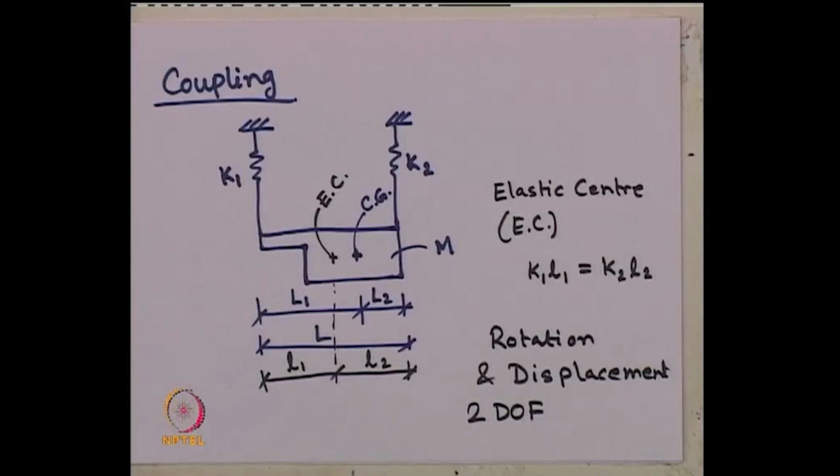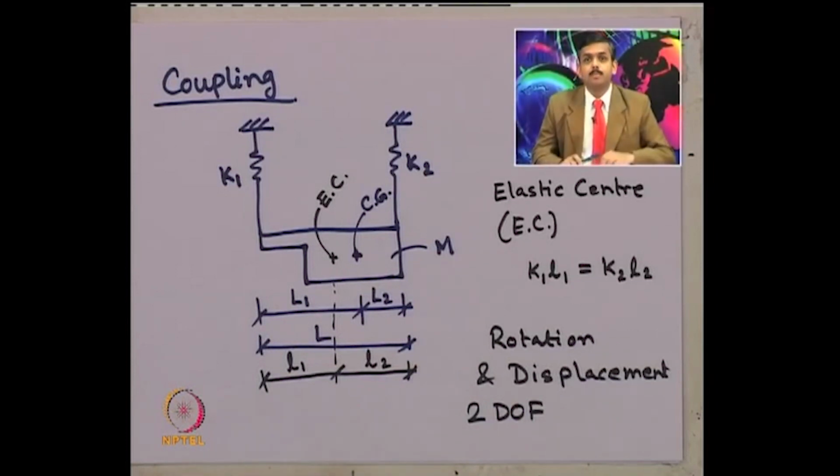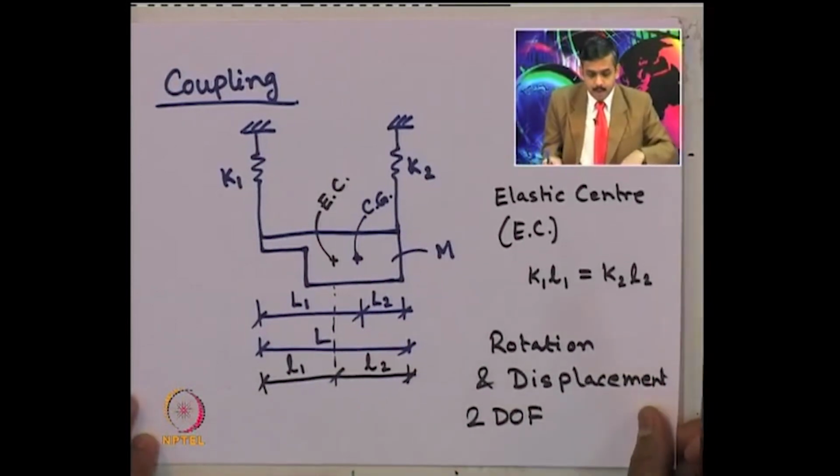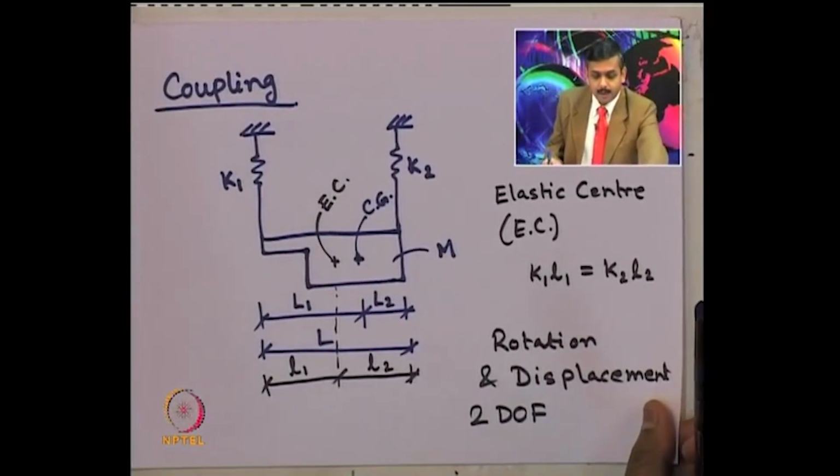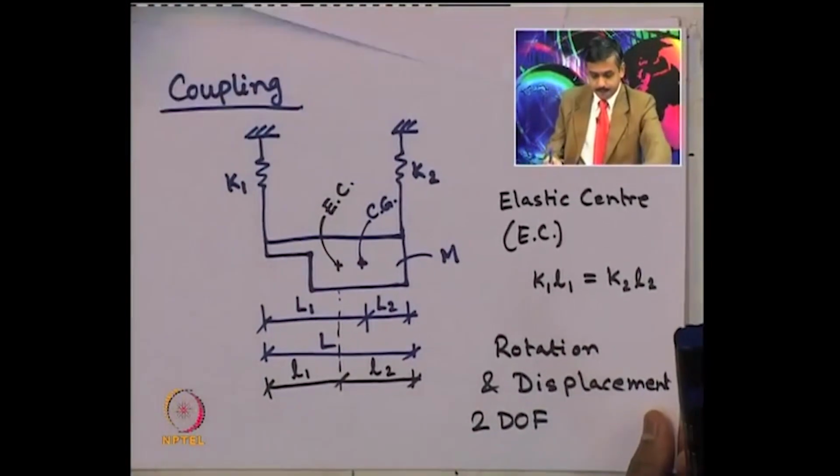Now, the selection of the axis for the rotation is extremely important. Why? Let us see. The selection of the axis about which this beam will rotate is extremely important for this problem to know the effect of coupling. Why is it so? Let us see.